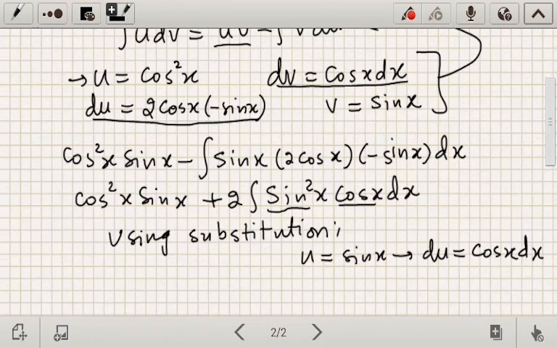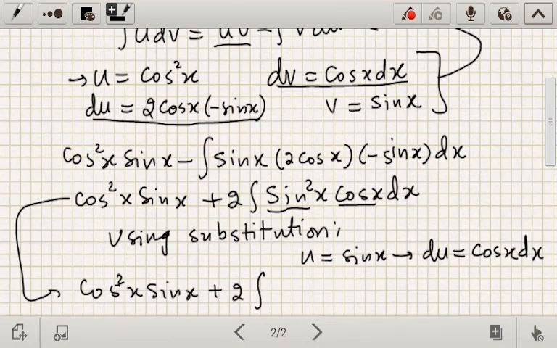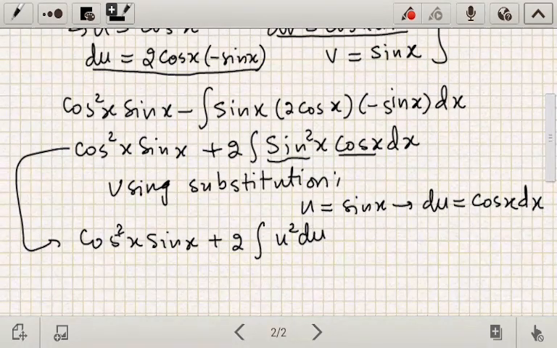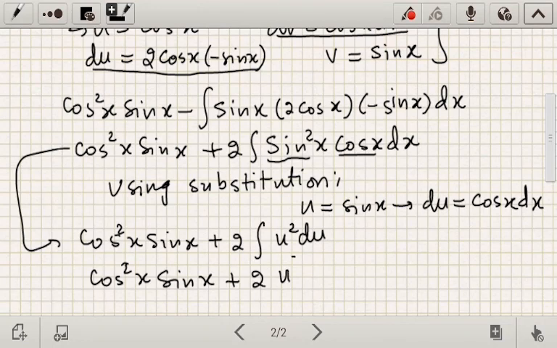So we make these substitutions and we write down cos square x sine x plus 2 integral u square du, right? So then we get cos square x sine x plus 2 u cube divided by 3.